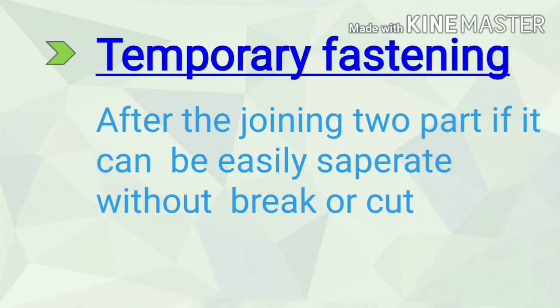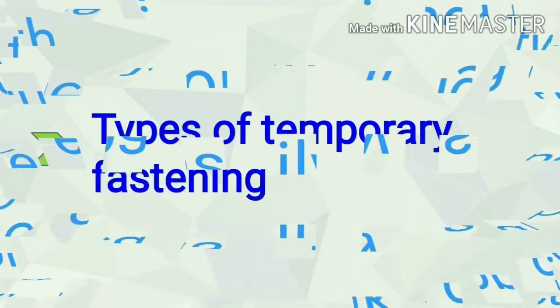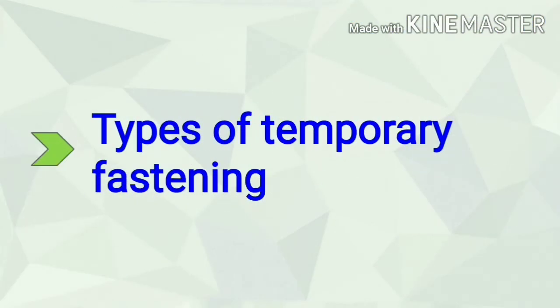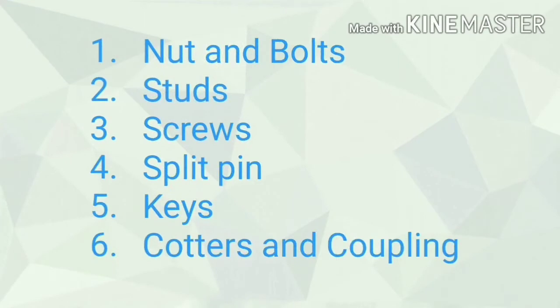Temporary fastening. After joining two parts, if they can be easily separated without break or cut, it is just opposite to permanent fastening. Types of temporary fastening: Number 1, nuts and bolts.